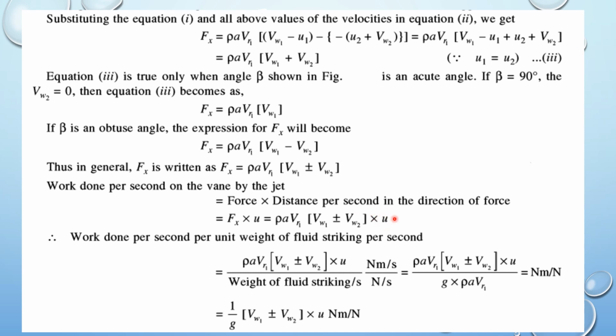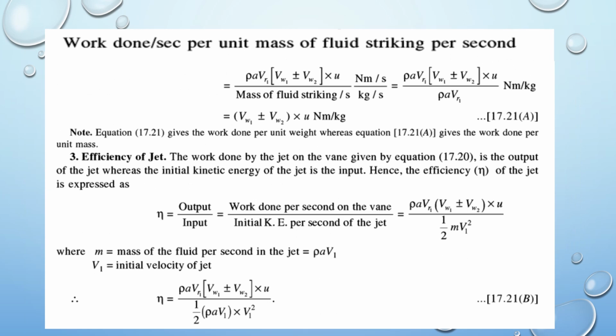Distance per second is velocity, and the velocity that we substitute here is the velocity of the vane, because work is done on the vane or on the plate. And work done per unit weight, you can express in terms of unit weight, and you will get the expression like this. Again, you can express it in unit mass also. This is the expression for work done per second per unit mass.